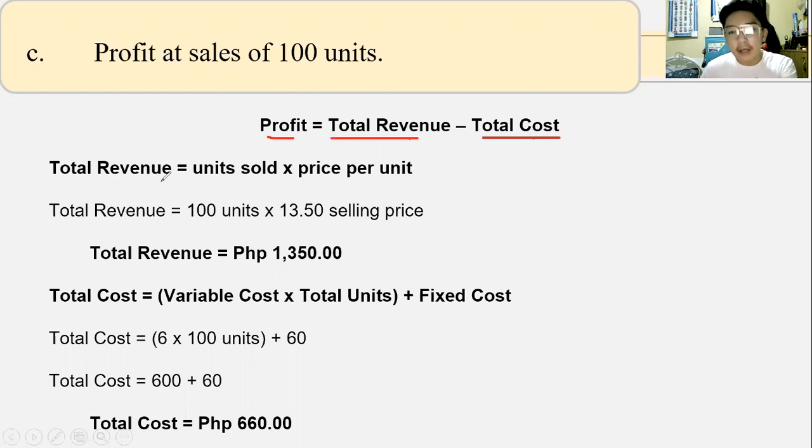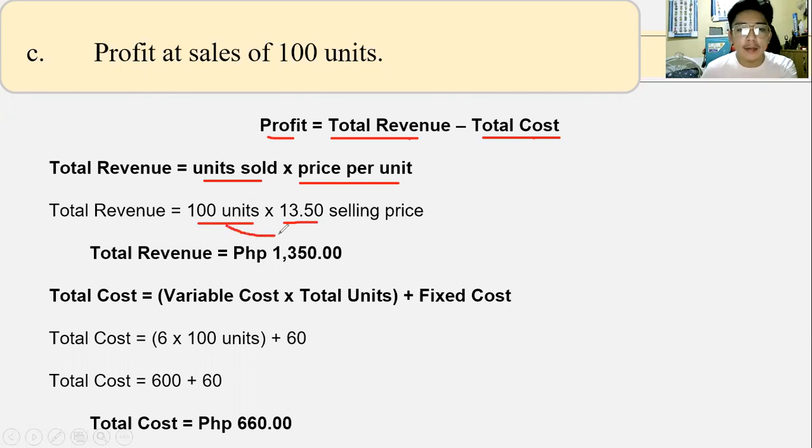The total revenue has this formula: units sold times price per unit. It is said that hypothetically we have sold 100 units, so units sold is 100 units. And what is our price per unit? As we computed, it would be 13.50. And then we have a total revenue.